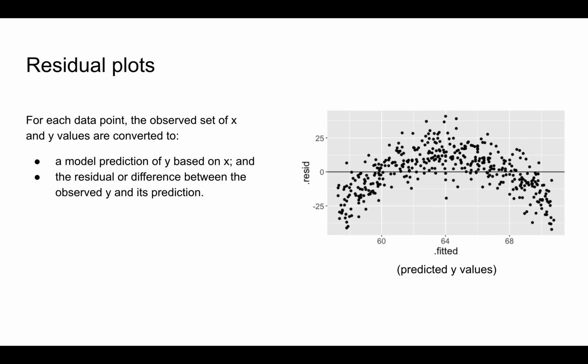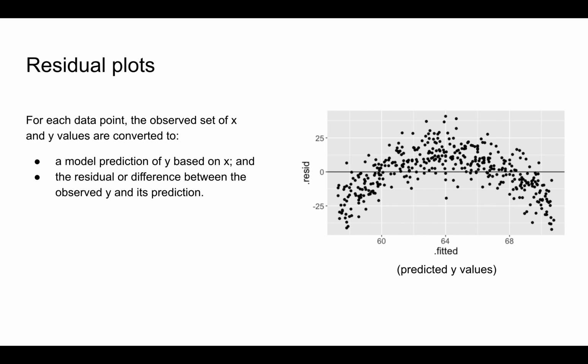In general, then, a residual plot converts the observed set of x and y values to the corresponding model prediction of y based on x, and the residual, or difference between the observed y and this prediction. The next question is, why do we care? That is, how can a residual plot help us assess whether our model is wrong?